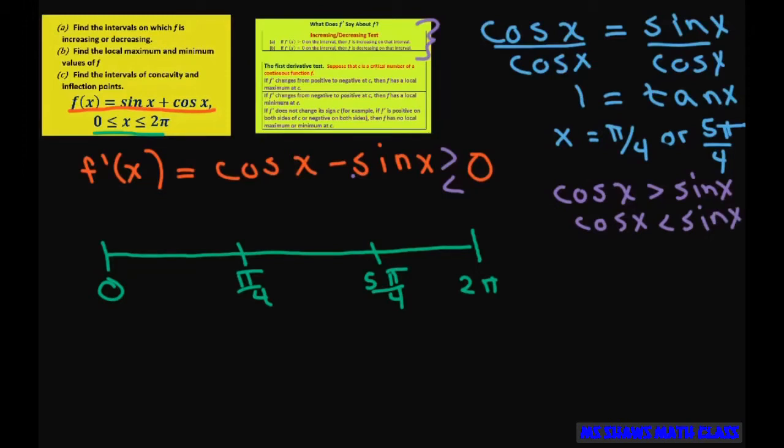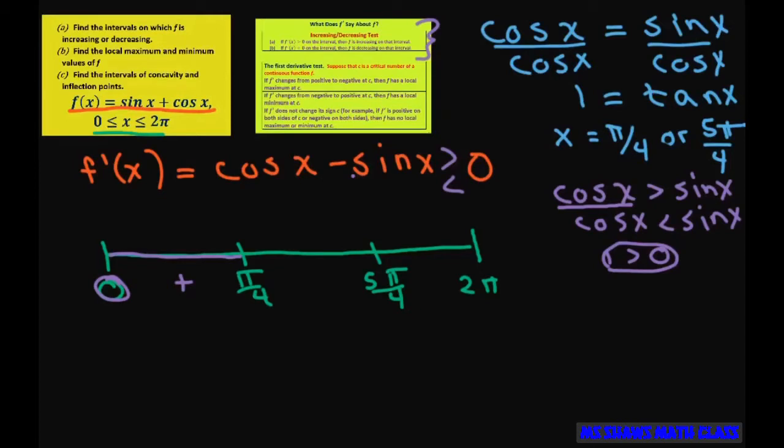So if we look at 0 to pi divided by 4, you can plug in 0. We're going to get 1 is greater than 0. Since that's greater than, this is positive.